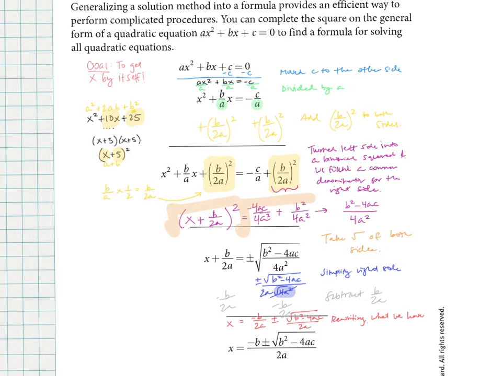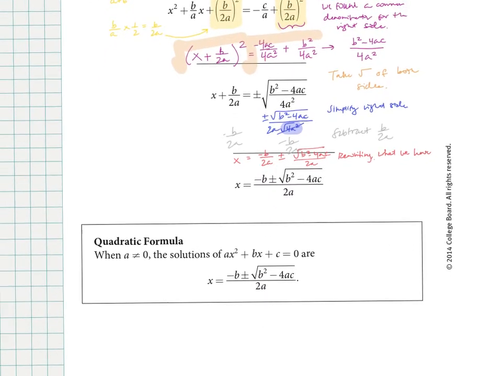So what we're going to learn is if we have a quadratic equation, we can take those coefficients, plug them into this formula right here, and we will get those x-intercepts or those roots, the solutions we're looking for.